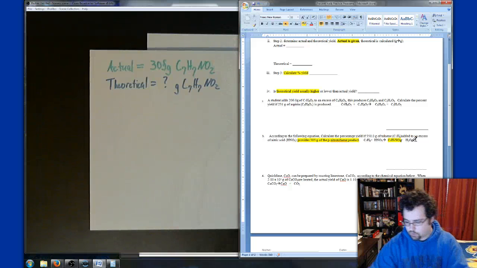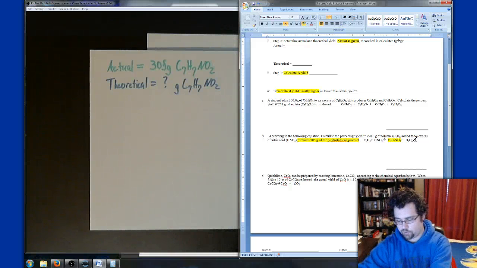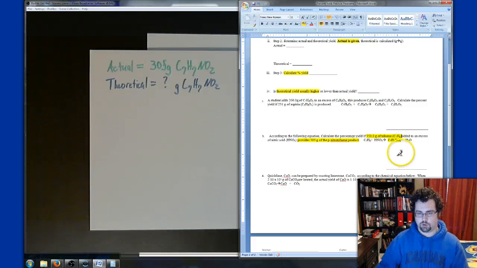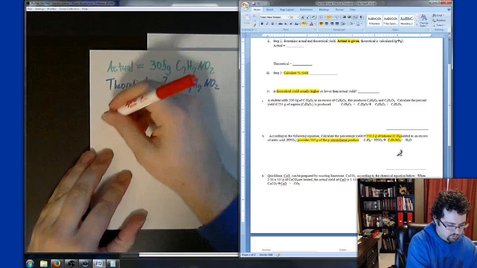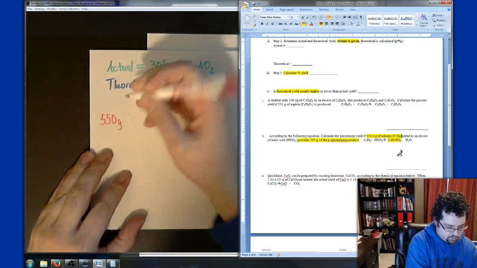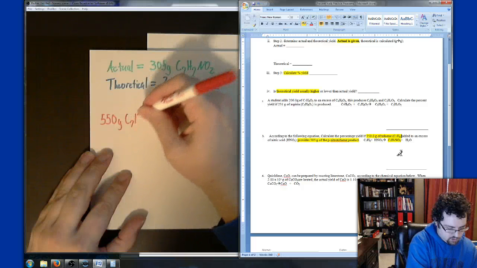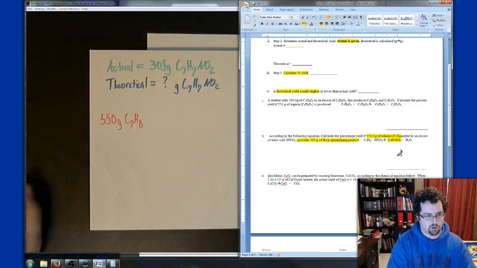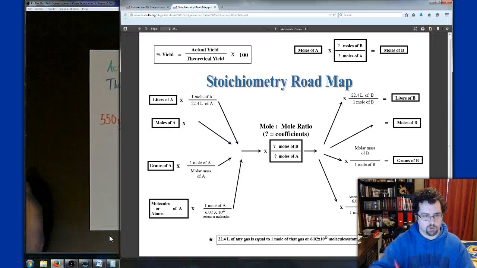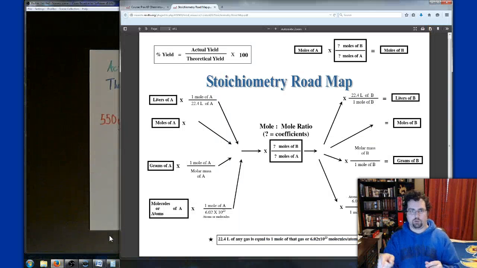All right. So the reactant that we're starting with on this one is 550 grams of toluene, which is C7H8. So we're going to start with 550 grams of C7H8. That's what we're starting with. So once again, if I look at my roadmap, I'm going to do a grams to grams conversion.